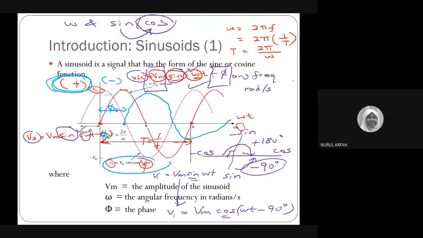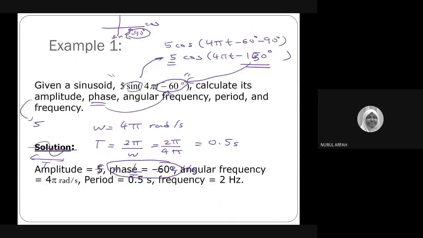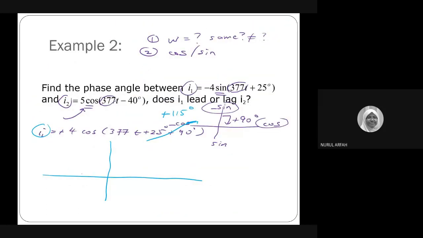So if you want to draw that, it will start from the left side because this is a plus, this is minus. Let me just draw a random one. And this is the 115 degree.